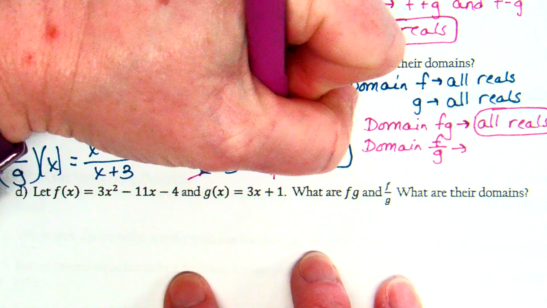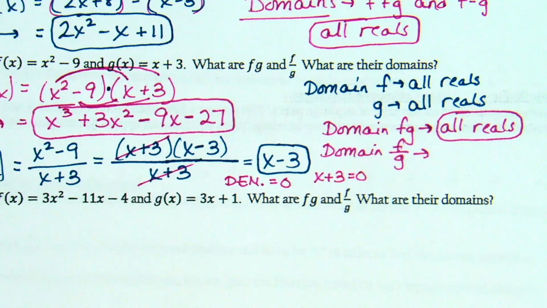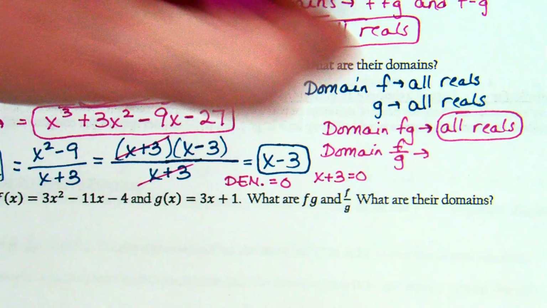And so when you have a denominator, what I'm going to tell you to do is take the denominator and set it equal to 0. So in this case, that means I'm setting x plus 3 equal to 0. And if you set x plus 3 equal to 0, what do you get when you solve? X equals negative 3.